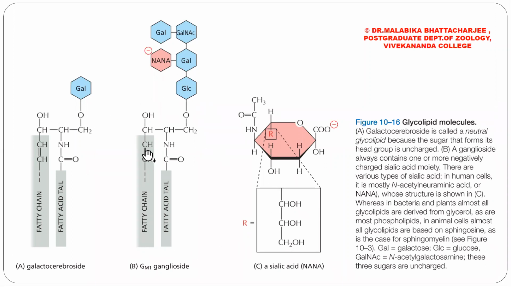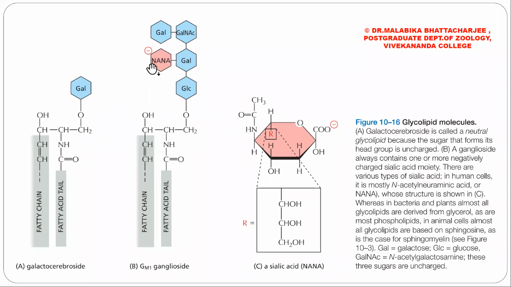You can see this is galactose being attached. This is again galactose, and this is basically the structure of a ganglioside. A ganglioside always contains one or more negatively charged sialic acid moieties. You can see this is the sialic acid part.